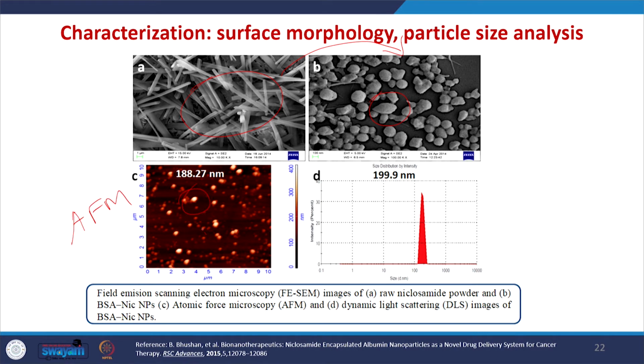You can see that the protein nanoparticles are spherical in nature, and by using this dynamic light scattering, DLS, you can also get the hydrodynamic size. The hydrodynamic size is also in the range of roughly 200 nanometer. By using the electron microscope, atomic force microscope and DLS, we can understand the size as well as the shape of your protein nanoparticle.